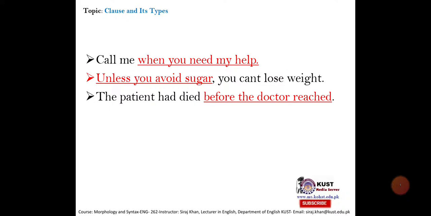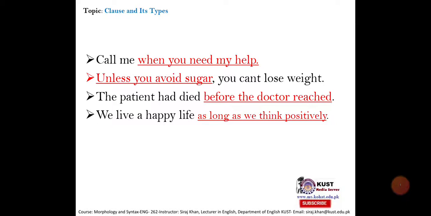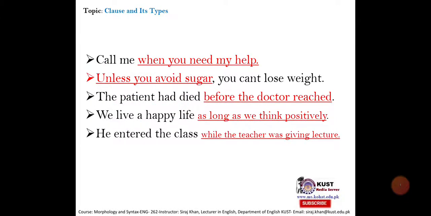Before the doctor reached modifies the verb die. We live a happy life as long as we think positively. It modifies the verb live. He entered the class while the teacher was giving a lecture. It modifies the verb enter.